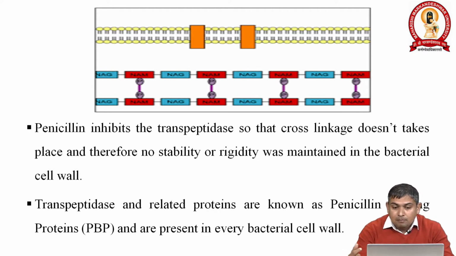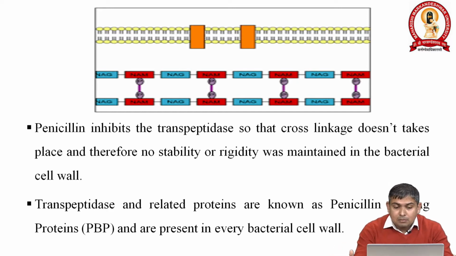This peptide linkage is synthesized with the help of an enzyme known as transpeptidase. So we can say that this transpeptidase enzyme is responsible for the synthesis of the linkage that adjoins the different chains of NAG and NAM in the synthesis of the cell wall.